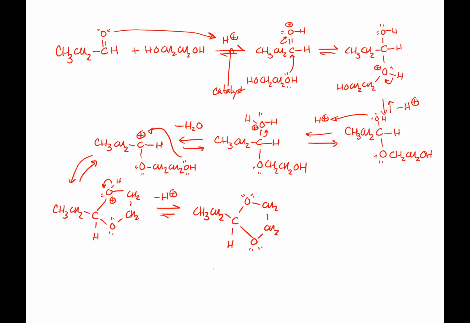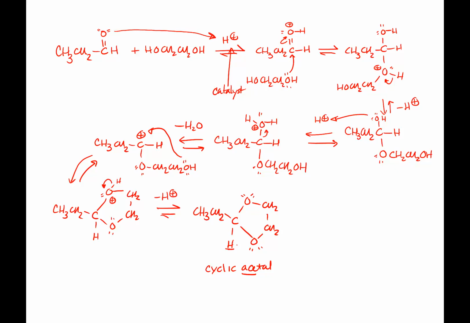So in this case, we're forming our cyclic acetal. And it's an acetal because it comes from an aldehyde. So the equilibrium would lie towards the formation of this cyclic acetal.